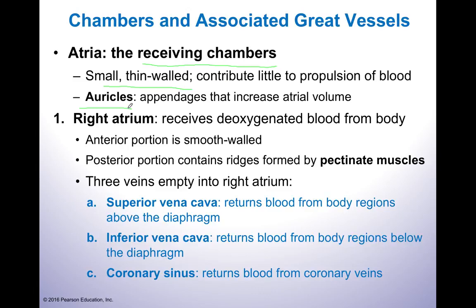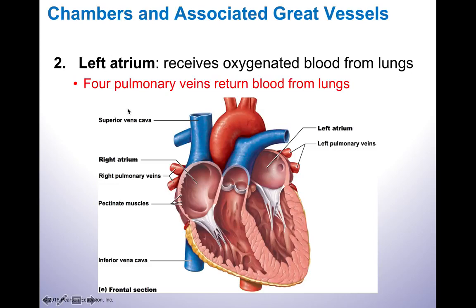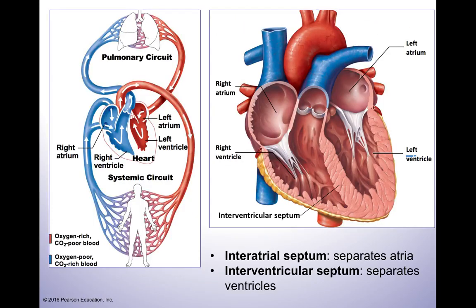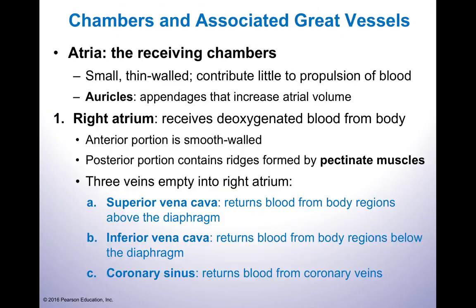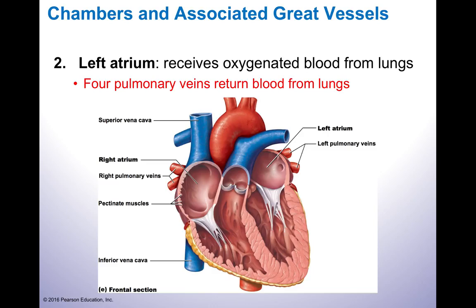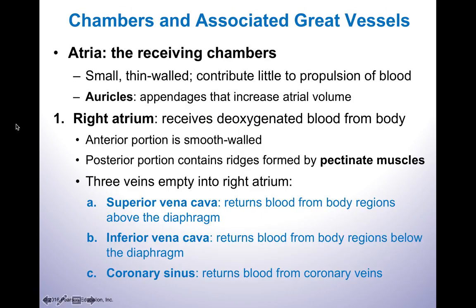Let me show you on another picture, because I thought I had a full picture, but I don't. Let's start talking about the right atrium. The right atrium is the top chamber on the right-hand side.